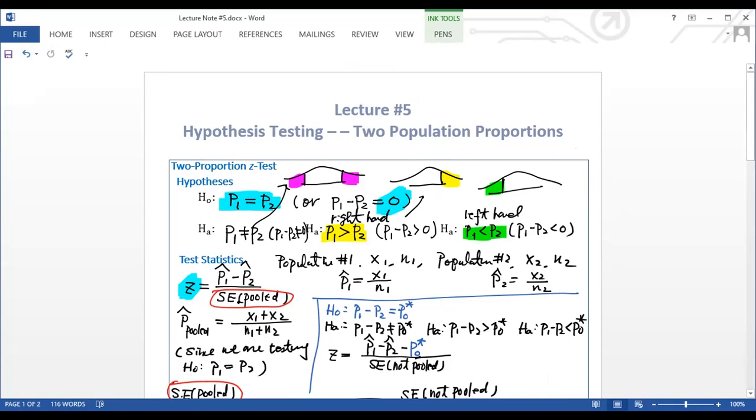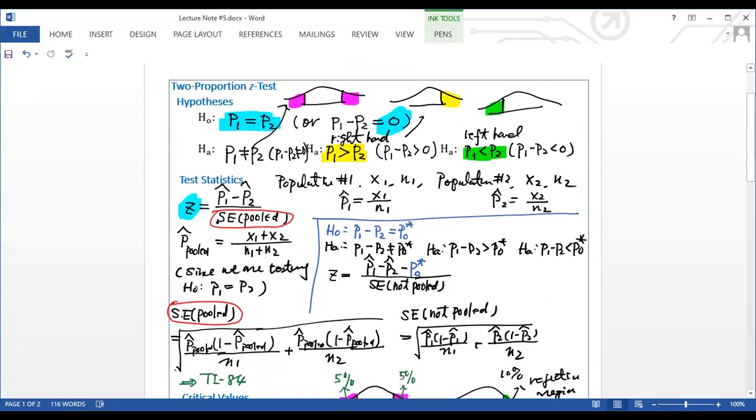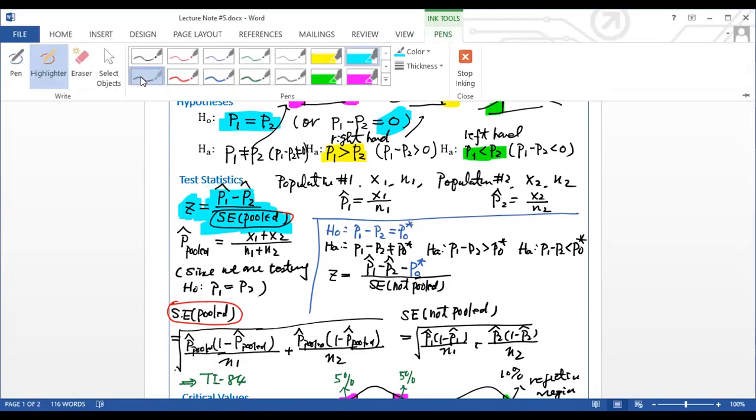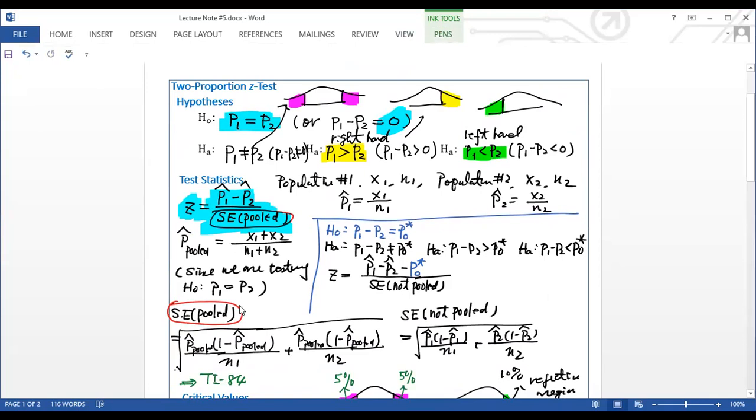Because they are equal, there's a little bit of extra step. The test statistic here is a little bit different, and the only thing you need to be careful about is that you need to use the pooled SE. This is the big formula.